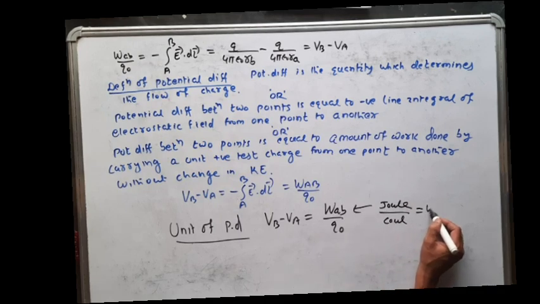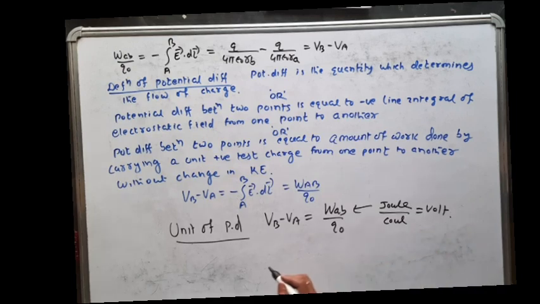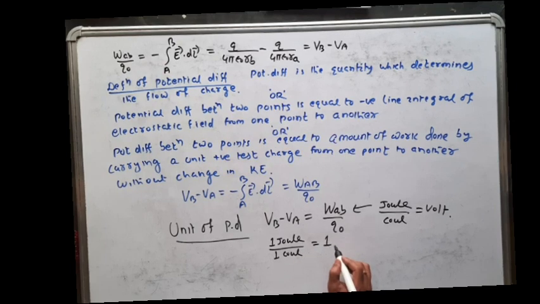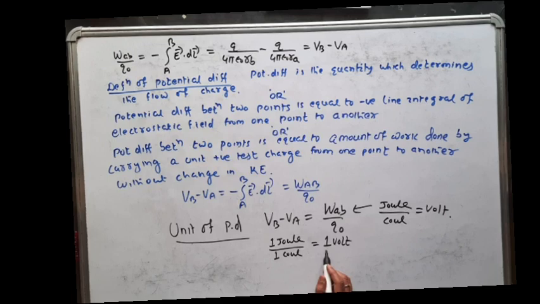So this joule per coulomb is called volt. So this is the unit of potential difference. So we can say if the amount of work done is equal to 1 joule by carrying a 1 coulomb charge from one point to another, then the potential difference between those 2 points is equal to 1 volt. You can define it in this way.